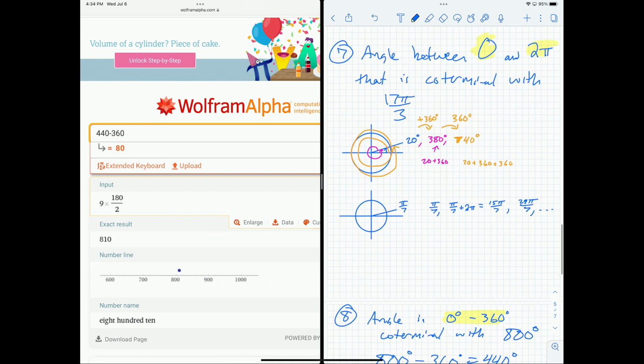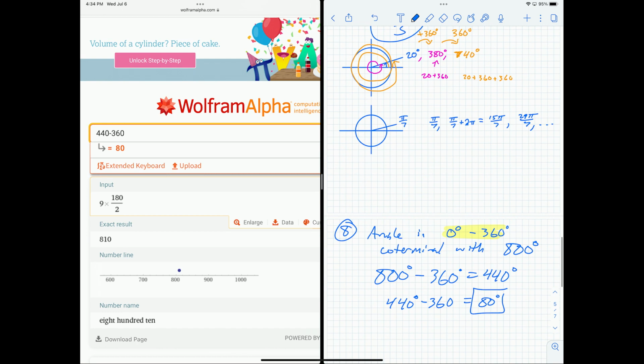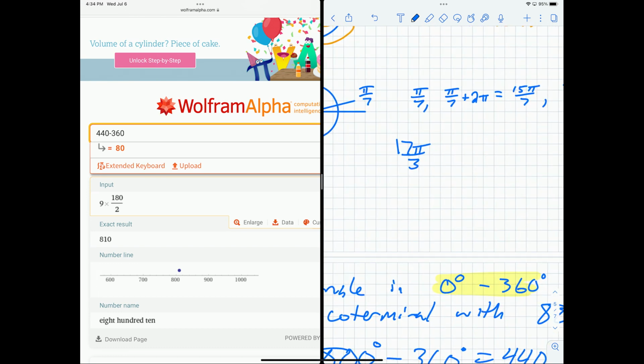For number 7, same deal, but we had 17 pi over 3. You have to play the same game, where 17 pi over 3 is too big, because 17 over 3 is about 6, so that's bigger than 2 pi. So you need to subtract 2 pi. Not 2 pi over anything, just 2 pi.